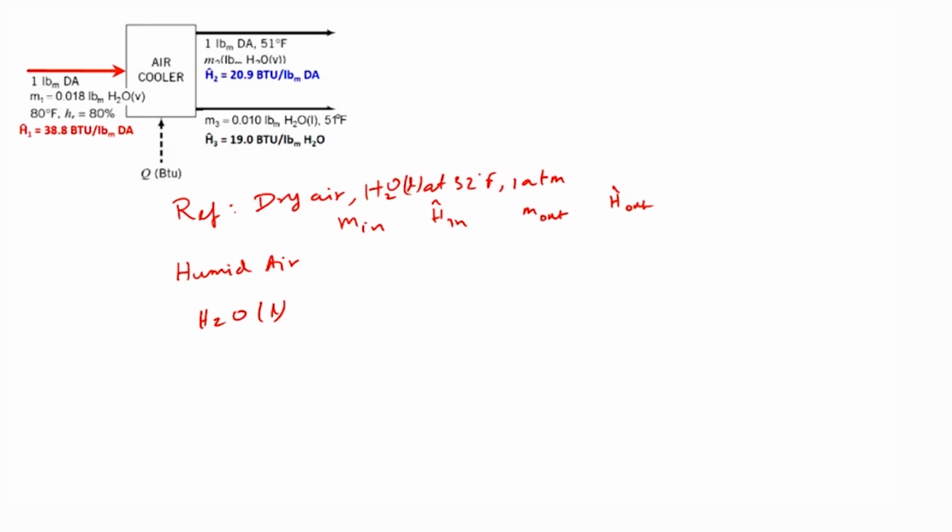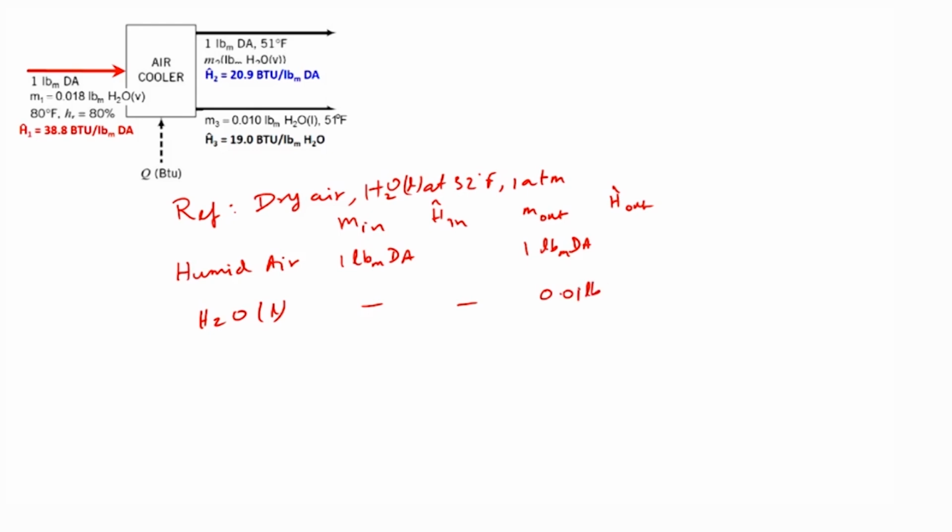So we will only account for the mass of dry air in this table, we will not write the mass of humid air in this table. So this is 1 pound of dry air entering and leaving, and you do not have any liquid water entering, you have 0.01 pounds of liquid water leaving.